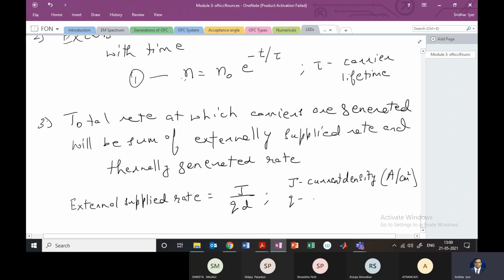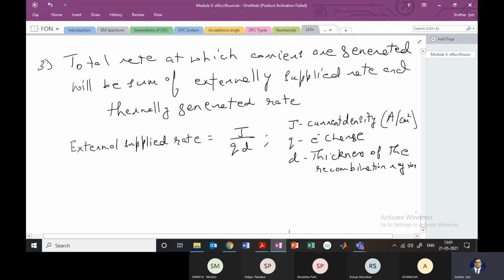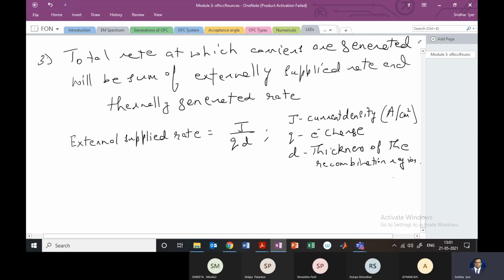Q is the electron charge, and D is thickness of the recombination region. Recombination region. So how much is the region over which this recombination is going to occur, right?